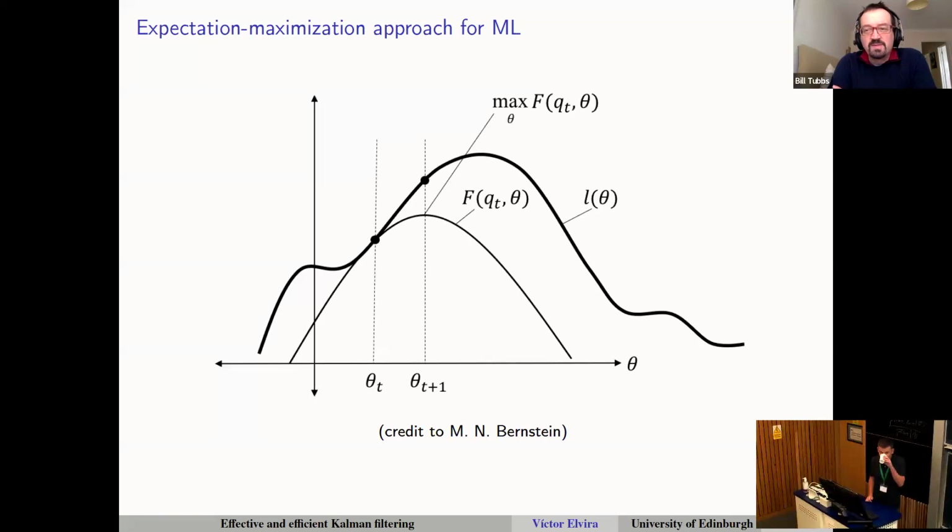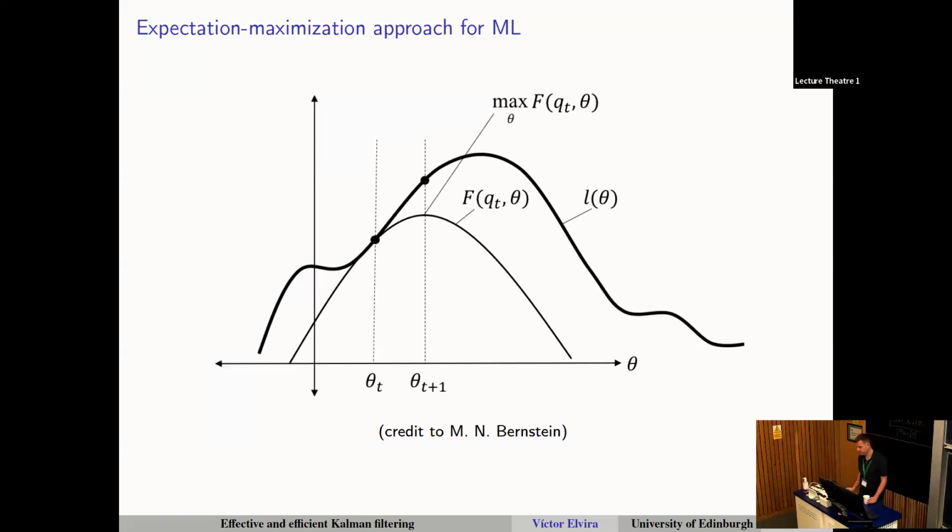Just in general terms, how do you find that quadratic, or how do you know it's below the function? Very good question. It's problem dependent. And we are going to see for the linear Gaussian very soon, the EM for the linear Gaussian, that it is possible to have it.